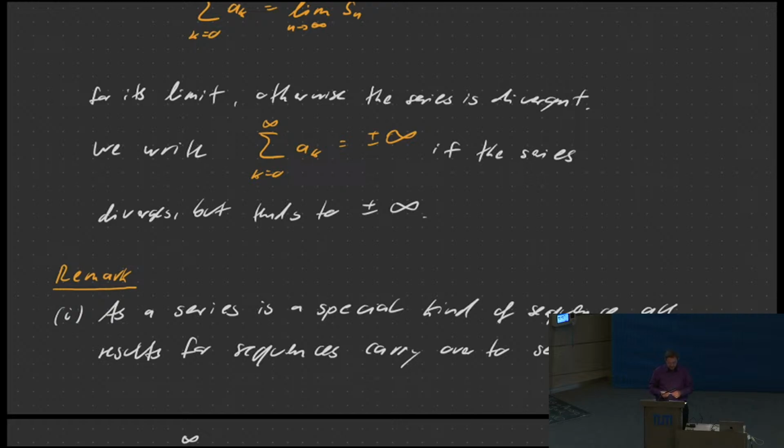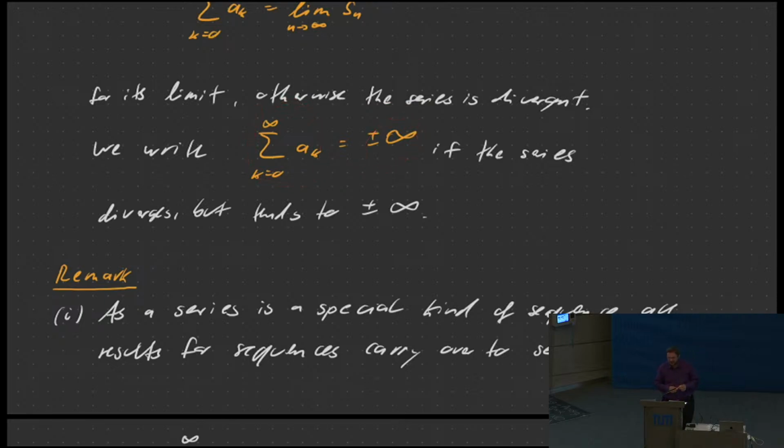Okay, if the series is divergent, again, we might have the case that the sum still goes to infinity or minus infinity, or it might jump around widely, as sequences also might do. And in that case, we, as a shorthand, write something like this sum is equal to infinity or minus infinity.